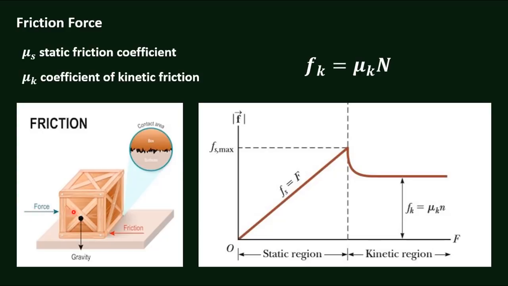So if you're applying a force to move the box towards the right, the friction force will be towards the left. See here, it's proportional to the normal force, which means the heavier the box, the higher the friction force. That's why it's easier to move lighter objects, but it's very difficult to move heavy objects.